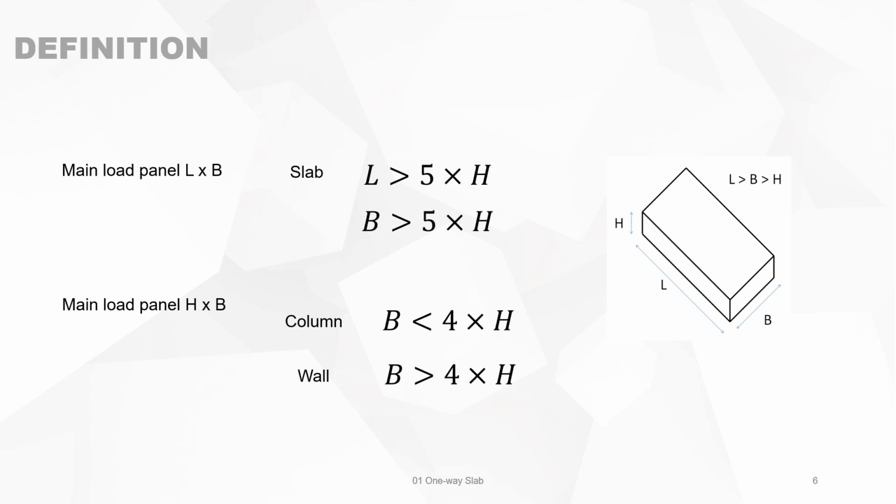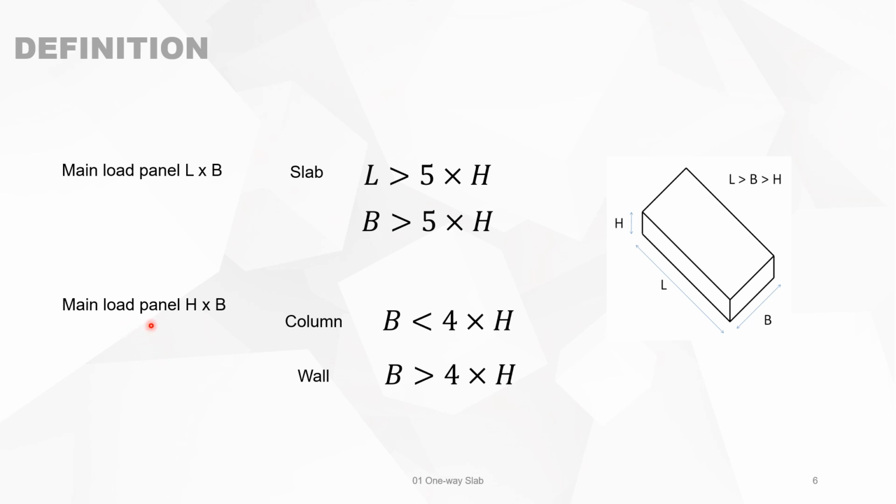The biggest is L and the smallest is H. When the main load panel is L times B, then we call this volume of concrete a slab if the length is bigger than 5 times the depth, H, and the width is at least larger than 5 times the depth of the volume.